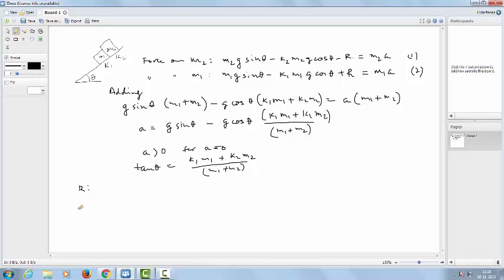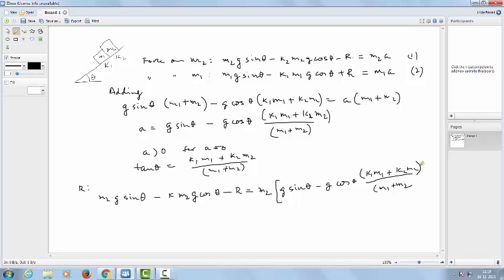We obtain m2 g sine theta minus k2 m2 g cosine theta minus r equal to m2 within the bracket g sine theta minus g cosine theta into k1 m1 plus k2 m2, divided by m1 plus m2, bracket closed.